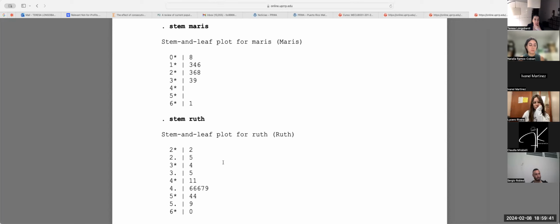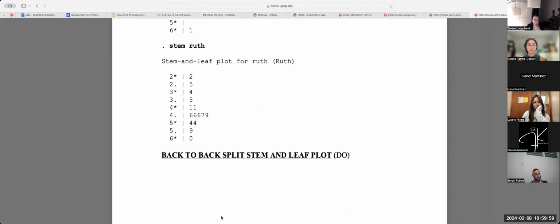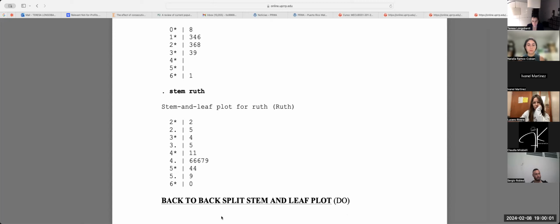And you can take these and stare at them. And if you do that, maybe you're still unclear. The best thing to do is make what I call a back-to-back stem and leaf plot. That way you can compare them on the same number line.